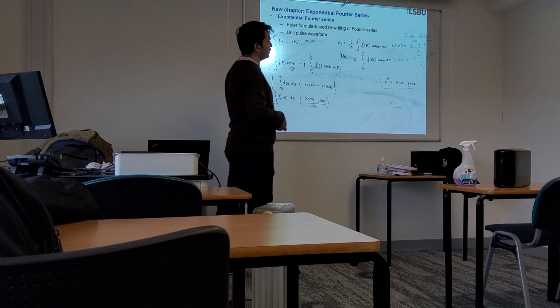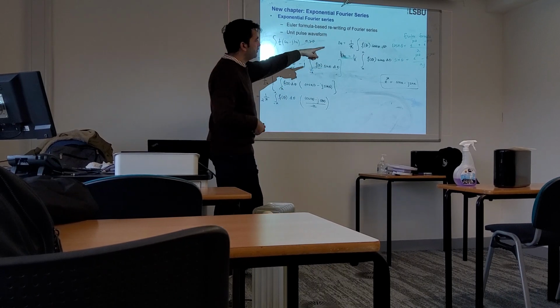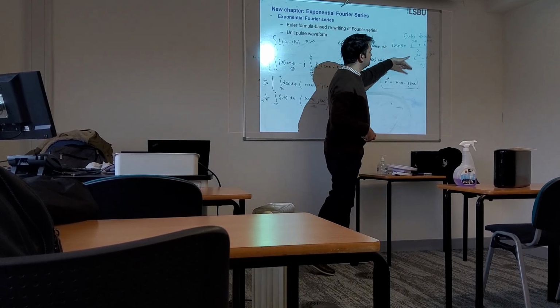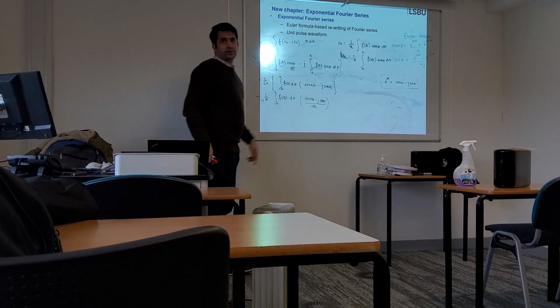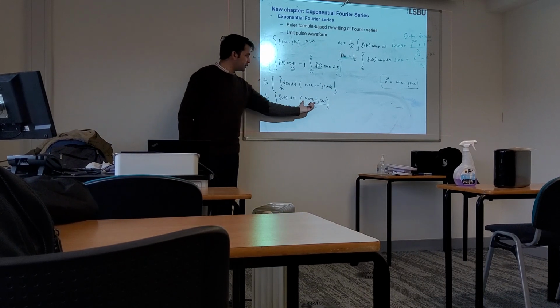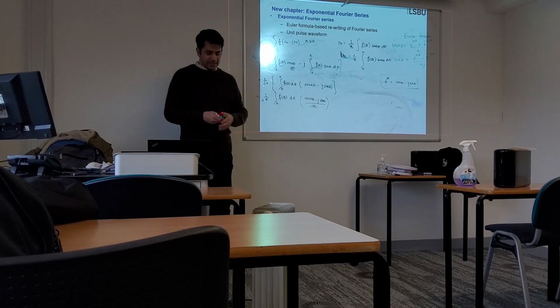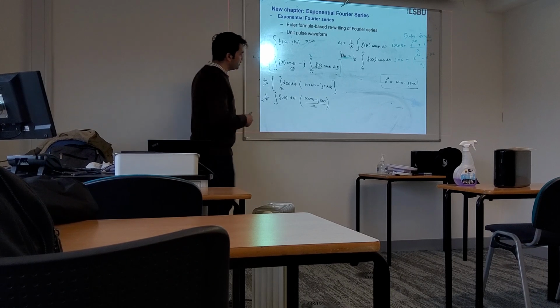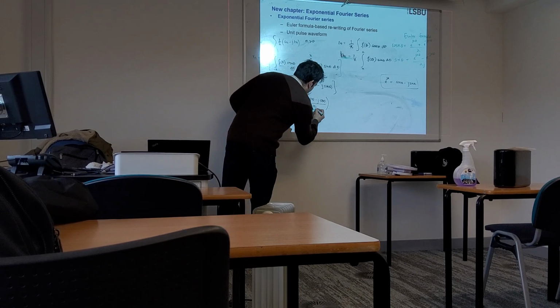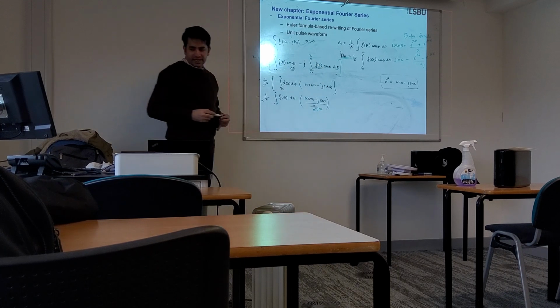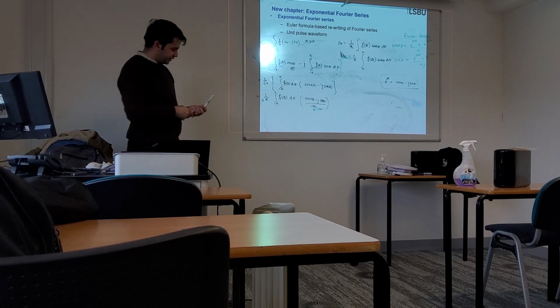This actually comes from if we combine these two together, we will get this one. So it means that this cosine n theta minus j sine n theta is actually e power minus j n theta. I can put it like this.